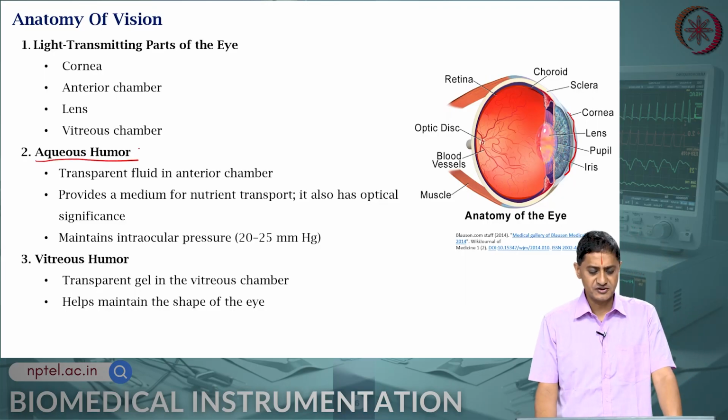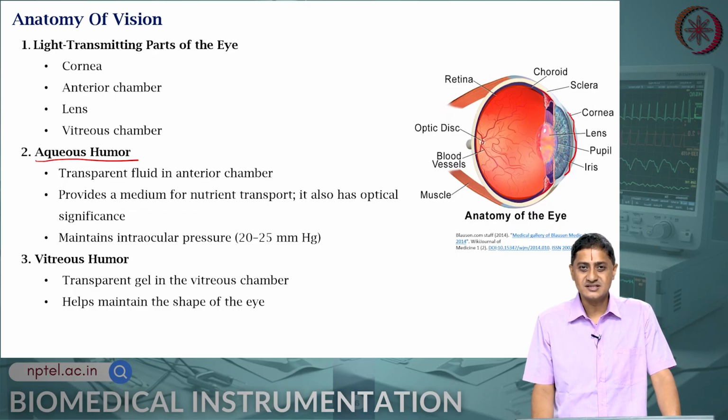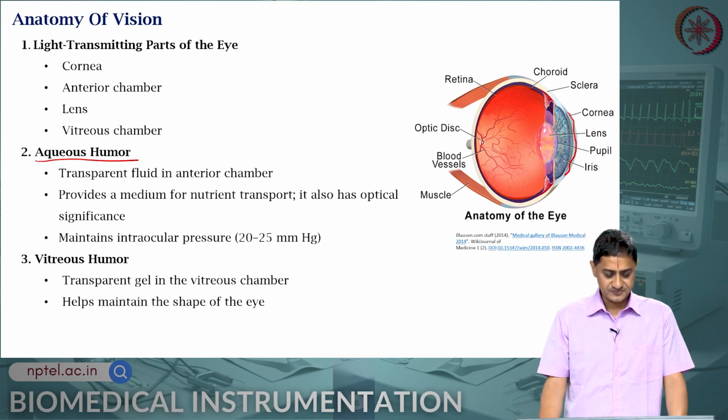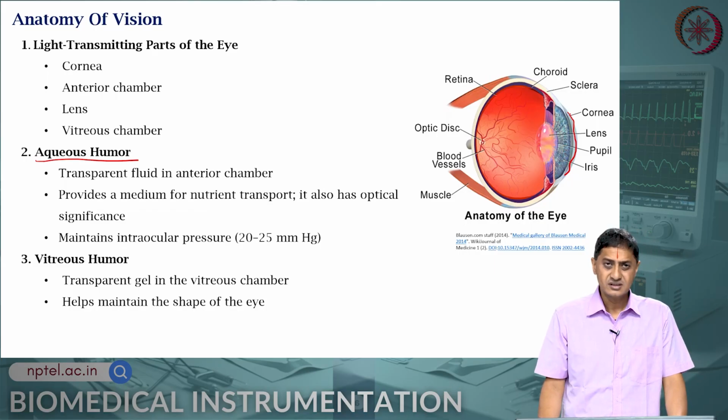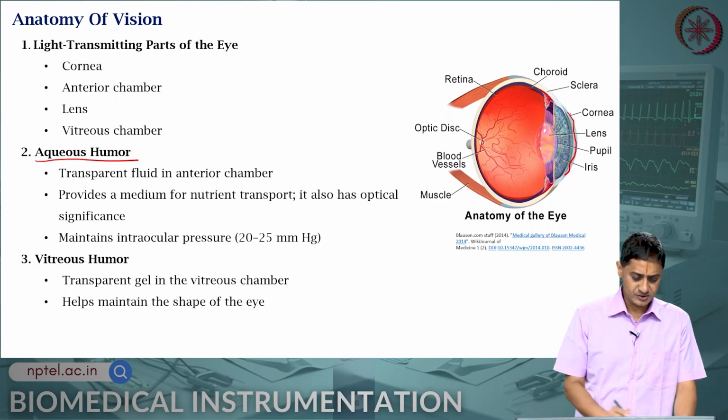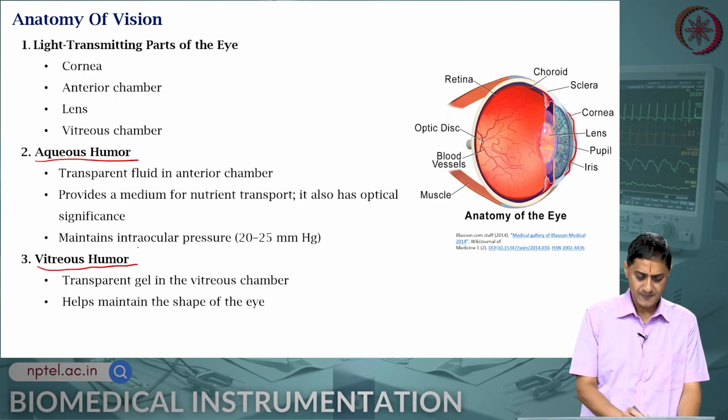This is a transparent fluid found in the anterior chamber, and then you have the lens, which is responsible for changing the refractive index. Lens as in any other lens, the natural lens of the human eye. And then you have the vitreous chamber, containing a different liquid, called the vitreous humor.